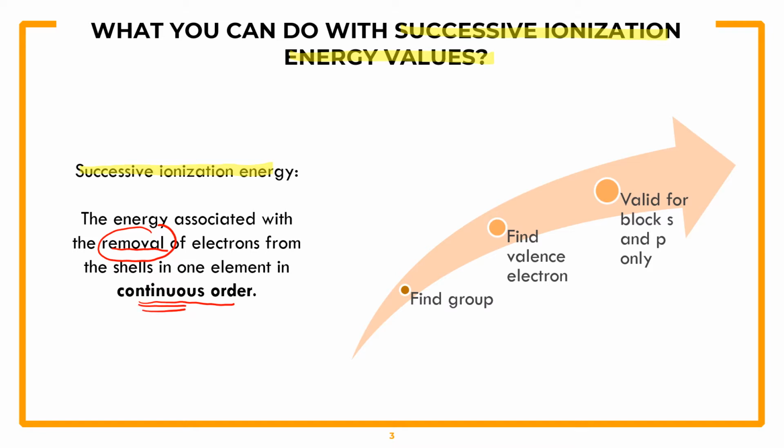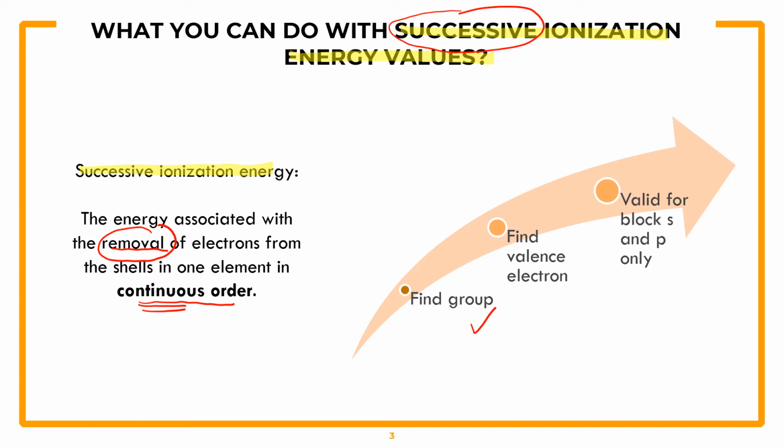So, what you can do with the successive ionization energy values? Okay, jawapannya adalah by calculating the successive ionization energy values ini, you are able to find the group of certain element. Okay, dalam kes ini di sini, kita tak tahu berapakah proton number of that element. And we don't even know what is the element. Okay, so kita ada unknown element. So, how to get the group for the unknown element?